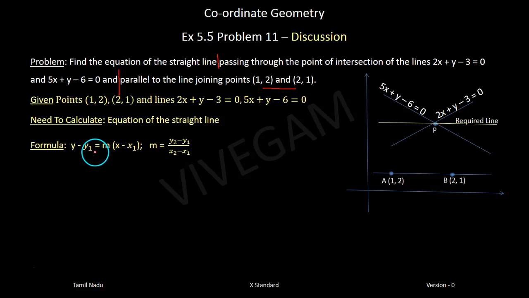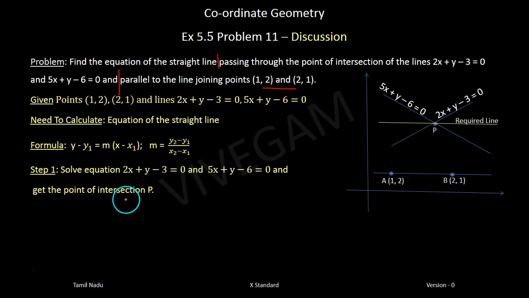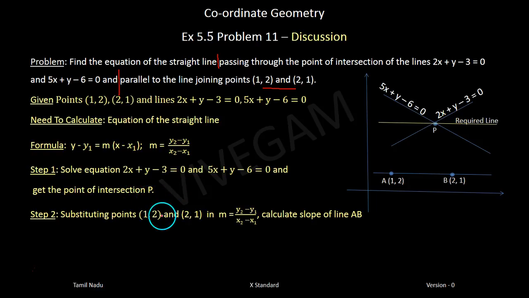The 1 point is given by solving these two equations, and the slope is given by these 2 points, where the slope is y2 minus y1 divided by x2 minus x1. So let's list out the steps. Step 1, solve the two equations and get the point of intersection P. Next, substituting the points (1, 2) and (2, 1) in the formula m equal to y2 minus y1 divided by x2 minus x1, calculate the slope of line AB.